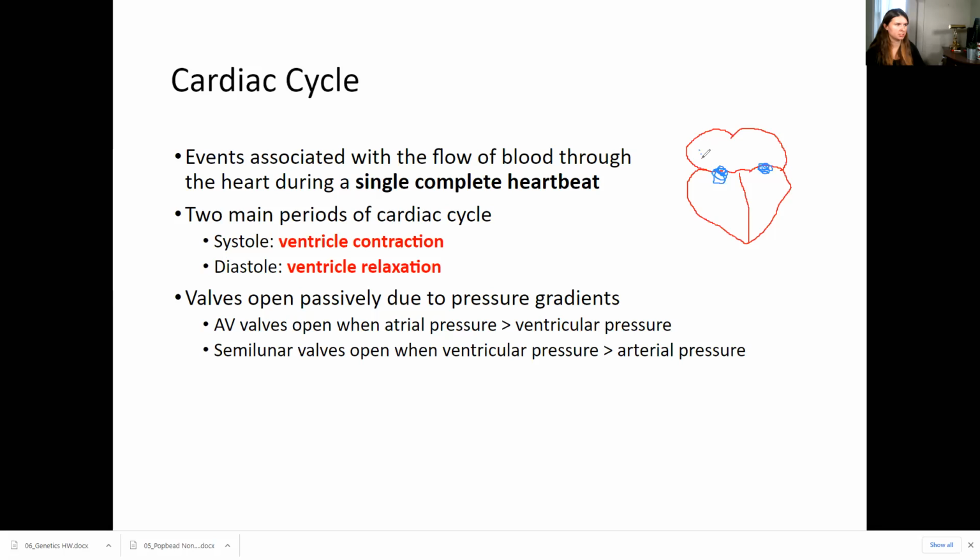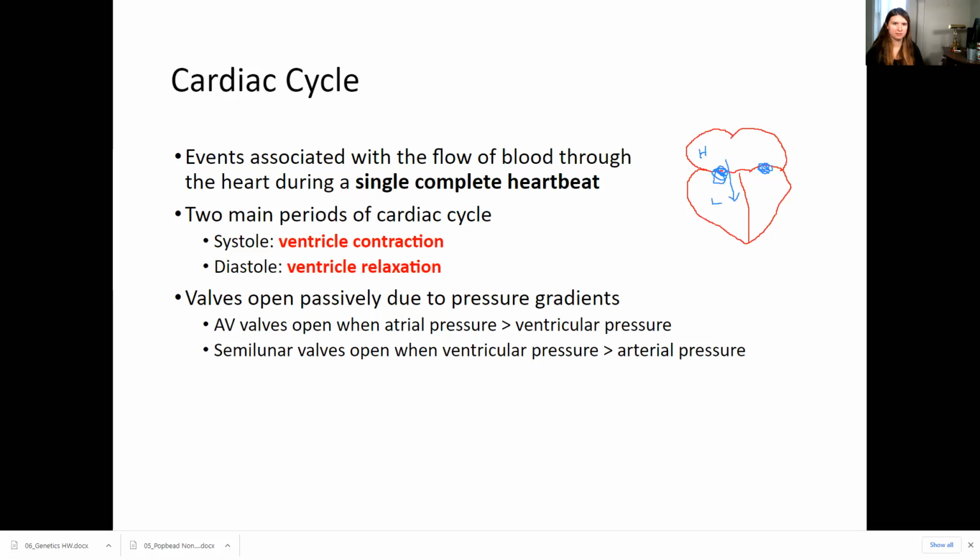And when we have high pressure here, low pressure here, we just talked about how things want to flow from high pressure to low pressure. So those valves open in this situation. So blood is able to flow when there's higher pressure in the atria, lower pressure in the ventricles. This pushes on those leaflets of the valve and allows blood to flow through. So AV valves are open when there's higher pressure in the atria.